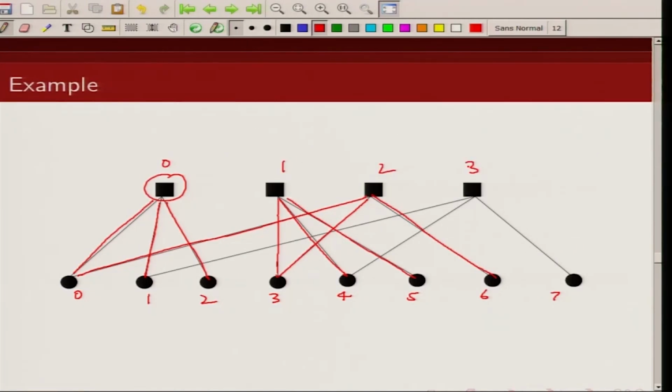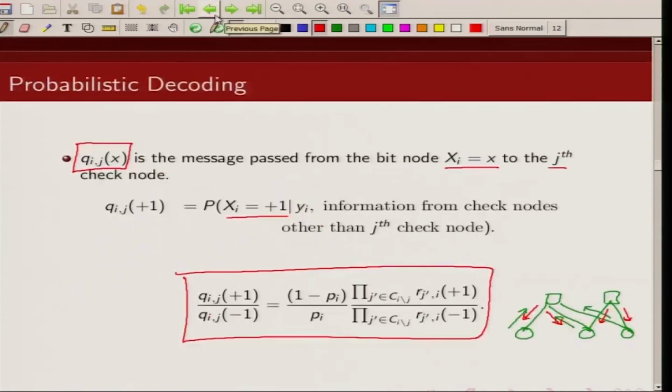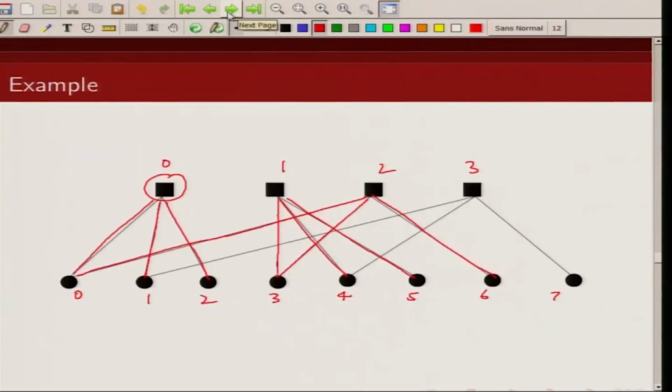So, you will compute Q00. Qij is the message passed from the ith node to the jth check node. So, let us look at the 0th node.